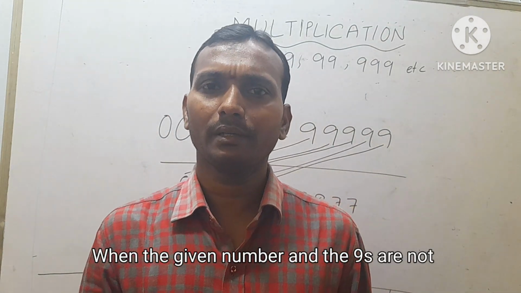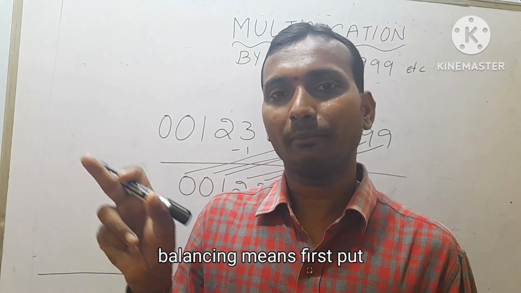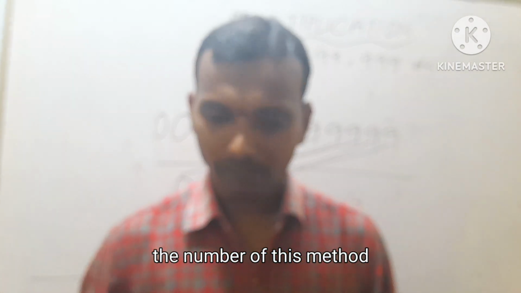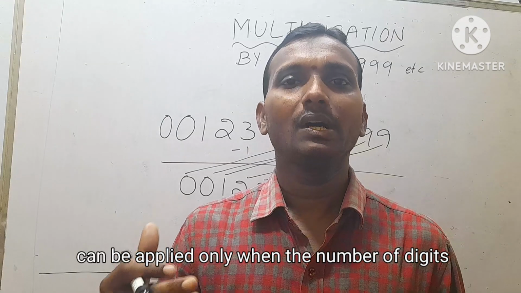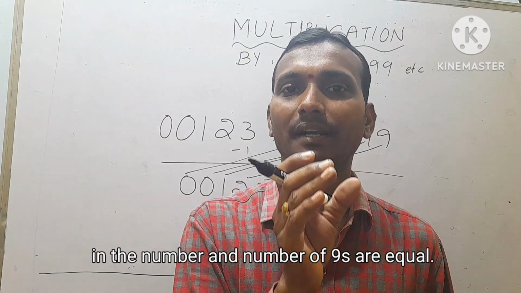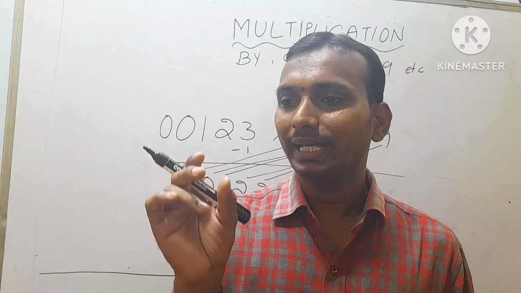This method can be applied only when the number of digits in the number and the number of 9s are equal. If it is not equal, what you have to do?